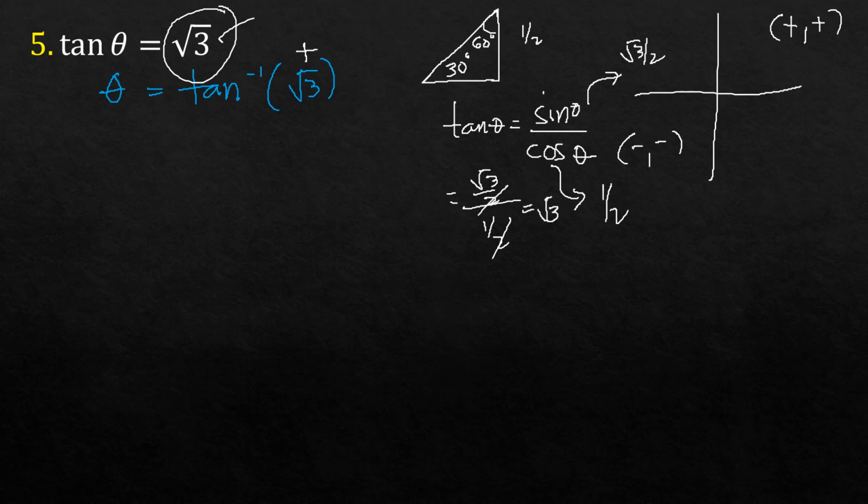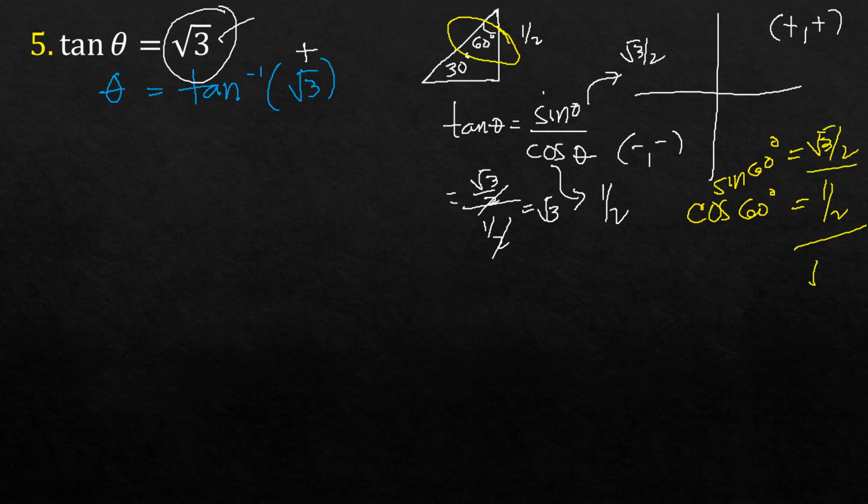And what measure can provide us that particular answer, that is square root of 3? It is 60 degrees, because we have cosine 60 degrees, which is equal to 1/2, and sine 60 degrees, which is equal to square root of 3 over 2. So when you divide square root of 3 over 2 by 1/2, it will give you square root of 3, and that is what we need.